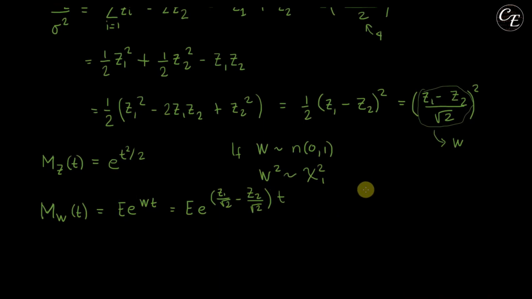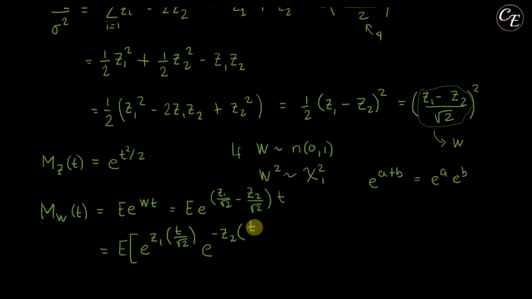Now we know from algebra that e raised to a plus b is equal to e raised to a times e raised to b. So this one can be rewritten as expectation of e raised to z sub 1 times, let us distribute this t for each term in here, t over square root of 2, and then times e raised to negative z sub 2 times t over square root of 2.